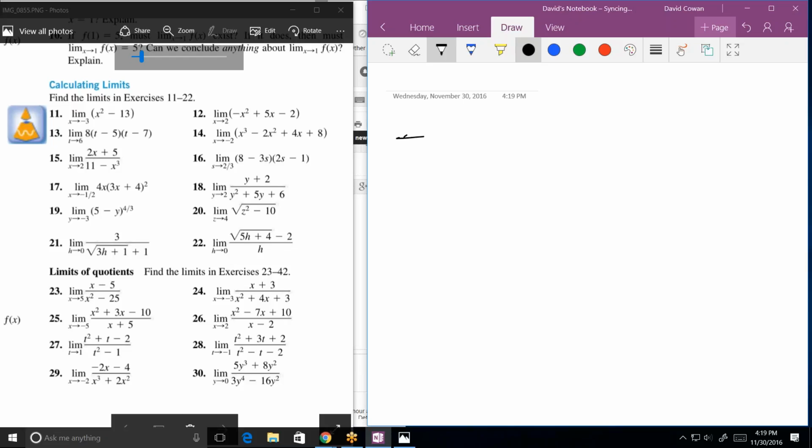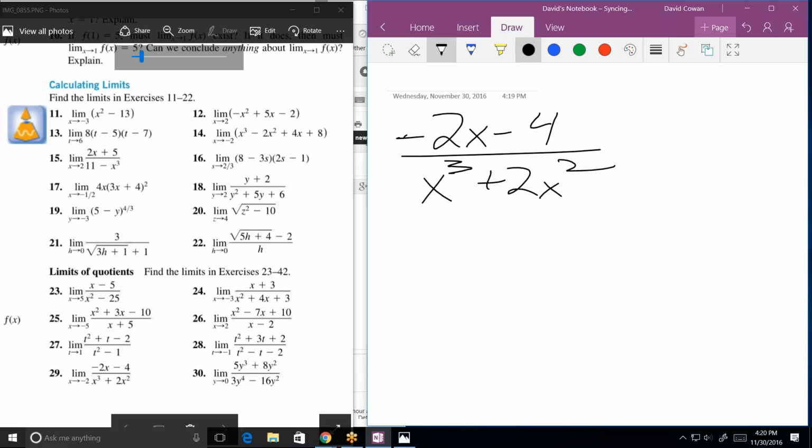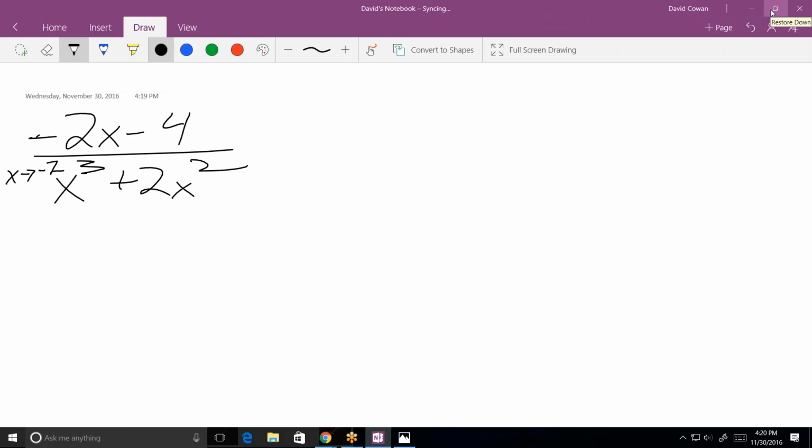We got minus 2x minus 4 over x cubed plus 2x squared, as x is going to minus 2. And we can see that it's 0 over 0. So what do we want to do next? So then I'm just going to factor it. Yeah, pretty much factor as much as you can.